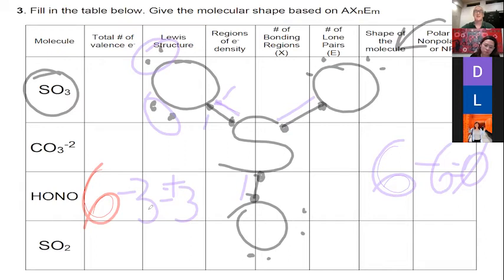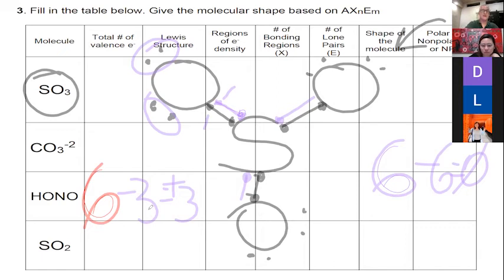Now let's count the valence electrons in the sulfur. How many valence electrons does the sulfur have now? 6. 6, exactly. 2 there, 2 there, and 2 there for a total of 6. So now there's no more charges. So it's a much more stable molecule. The oxygens aren't charged, the sulfur is not charged.